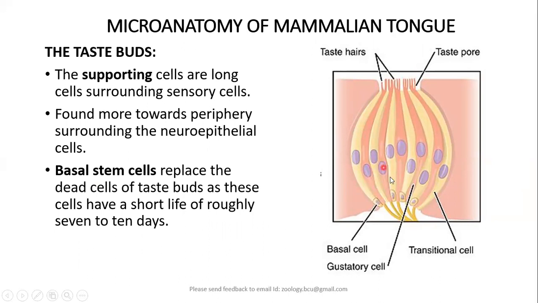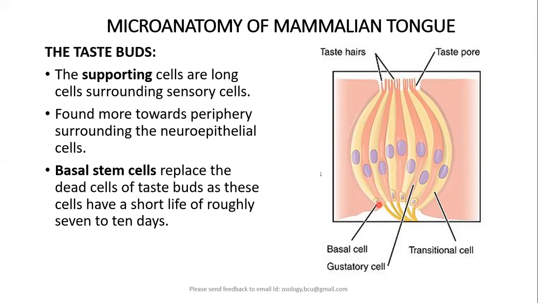The supporting cells are long, again spindle shaped, and they are found surrounding the sensory cells. They are basically supporting and protecting cells. They also provide nourishment to the sensory cells. But these cells are found towards the periphery of the taste bud surrounding the neuroepithelial cells.